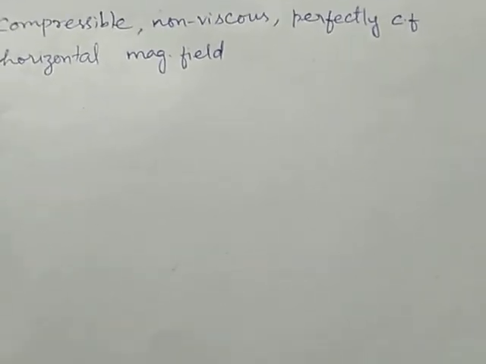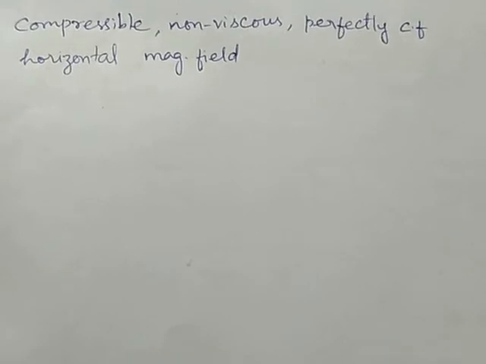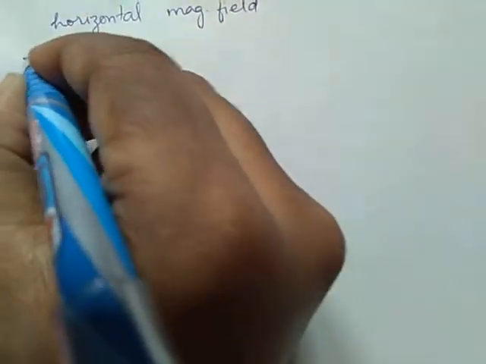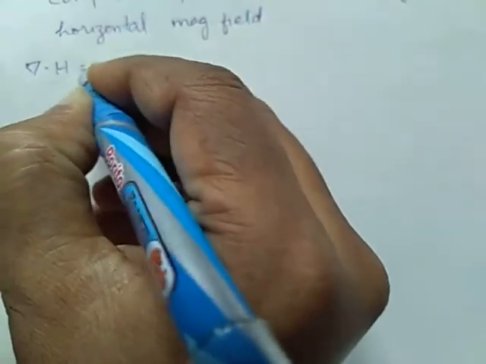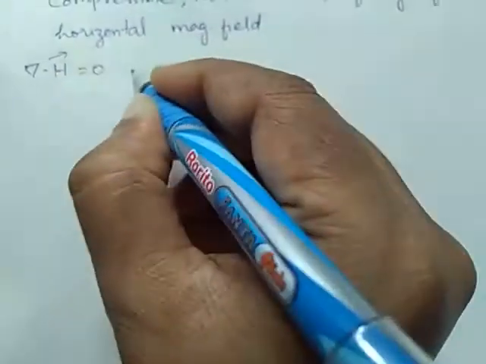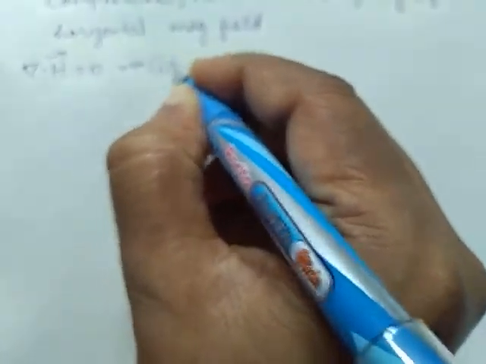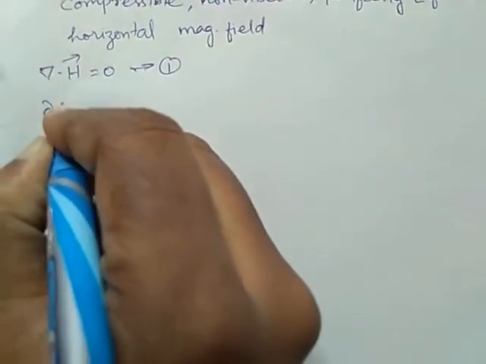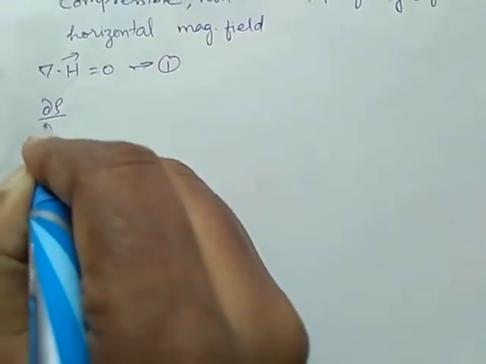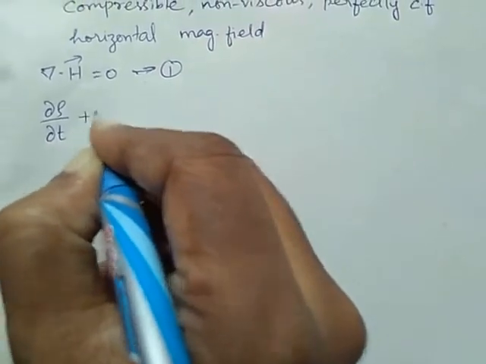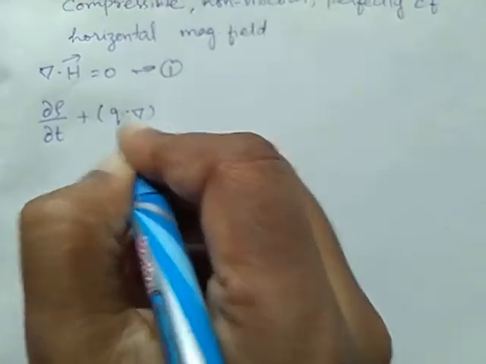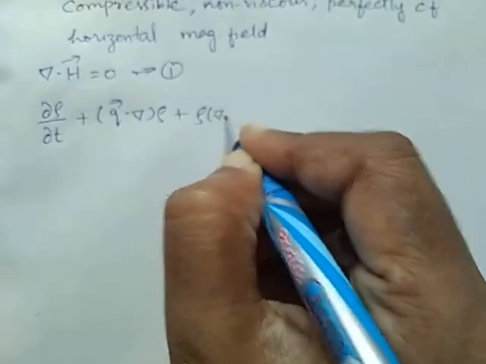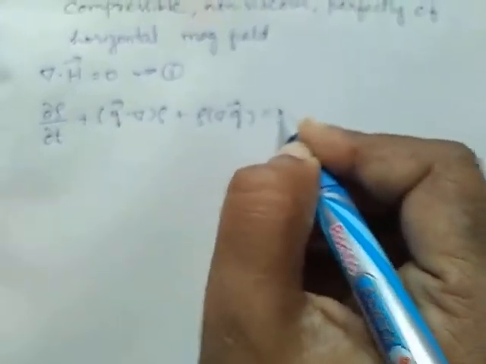For this kind of flow we have the basic equations. Del dot H equal to 0, which is our solenoidal property. I'll take this as equation 1. The continuity equation is dou rho by dou t plus q dot del rho plus rho del dot q equal to 0.